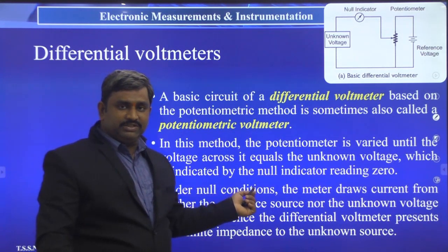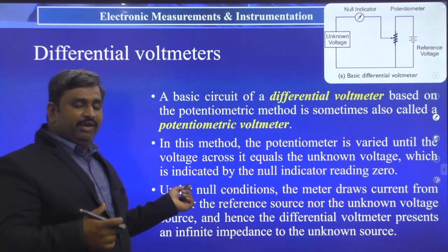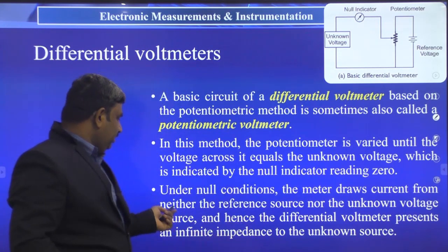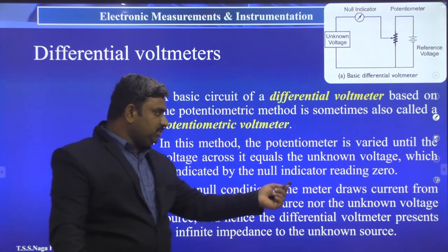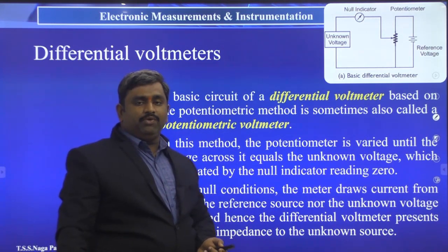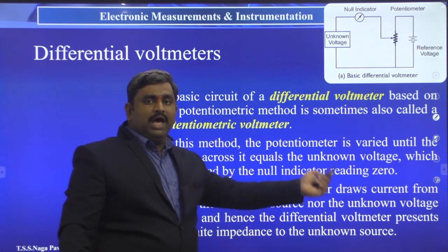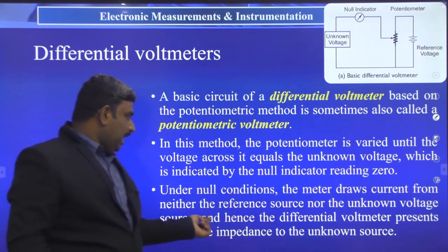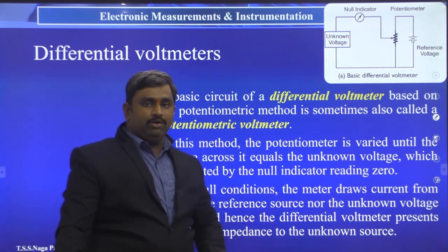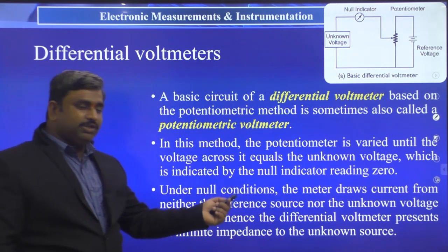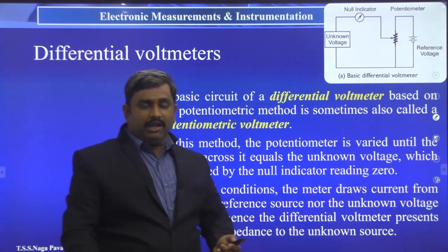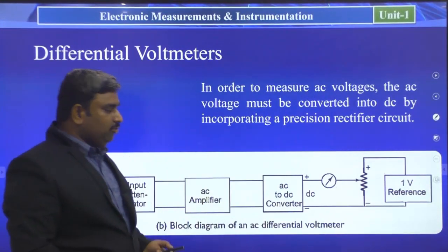Under null conditions, the meter draws current from neither the reference source nor the unknown source, and hence the differential voltmeter presents an infinite impedance to the unknown source. That is the basic operation.